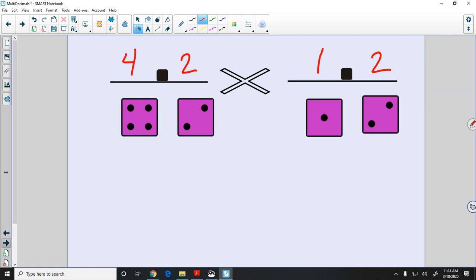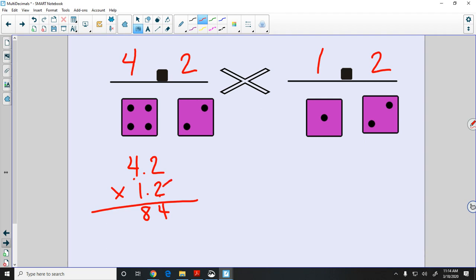So now we're going to multiply. Since both factors have 1 decimal place, the decimals are obviously going to line up. But do we have to line up the decimals? No, we do not. So we've got 4 times 2 times 1 times 2. Remember, we go up, over. 2 times 2 is 4. 2 times 4 is 8.